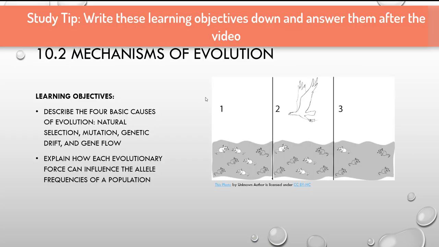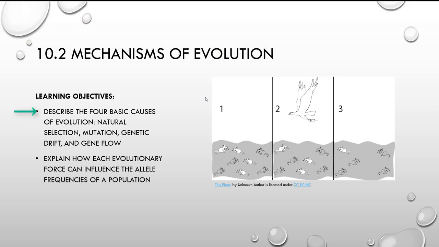By the end of this video you should be able to describe the 4 basic causes of evolution. We already talked a little bit about natural selection in the last video, so we'll get into a little bit more detail on that, as well as mutation, genetic drift, and gene flow as these 4 basic causes of evolution. And so those are the mechanisms.